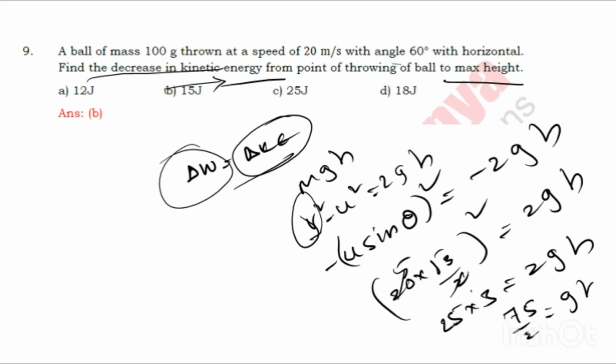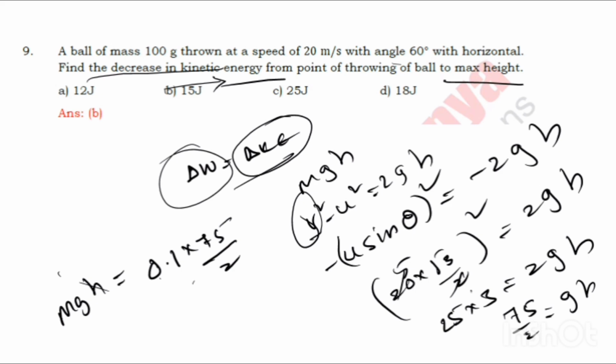Now I want mgh, right? mgh is equal to m, that is 0.1, into 75 by 2, right? This is mgh.